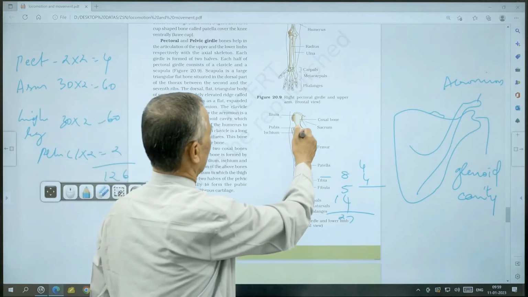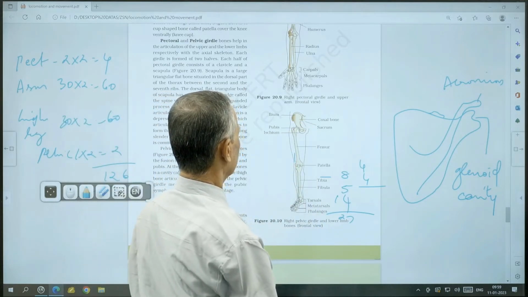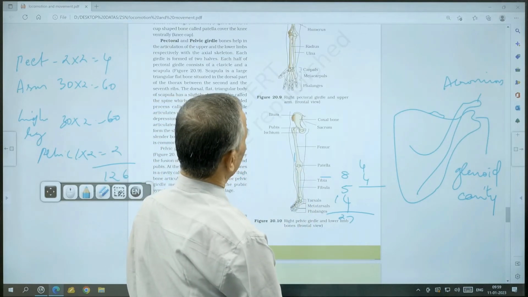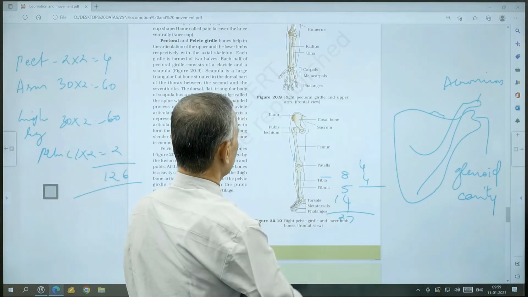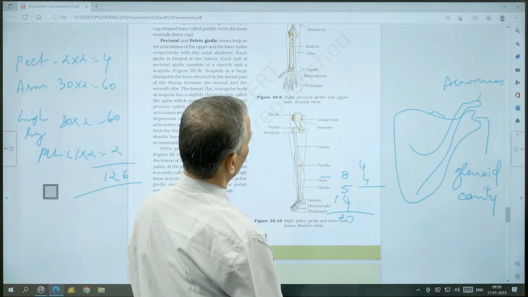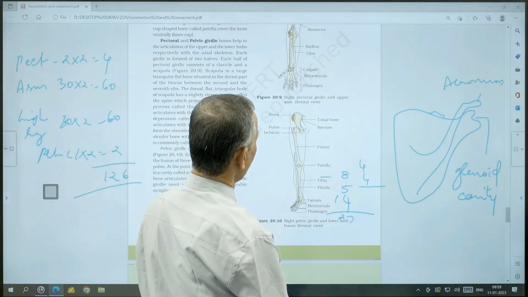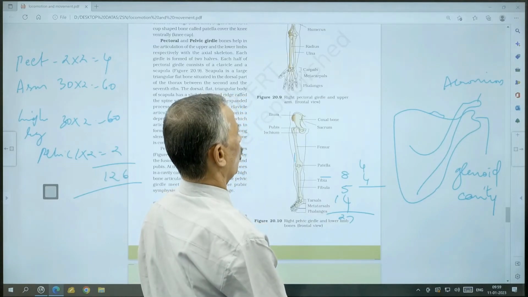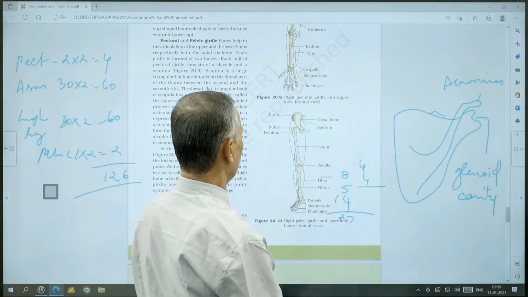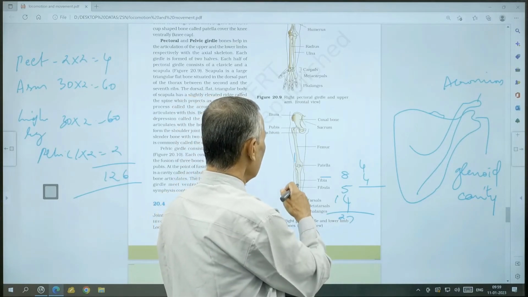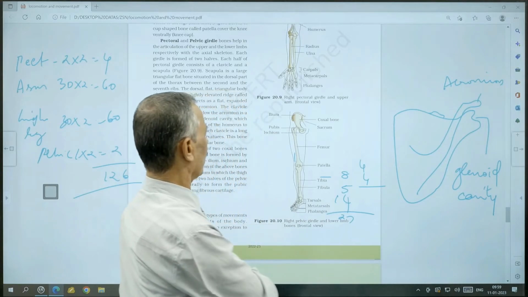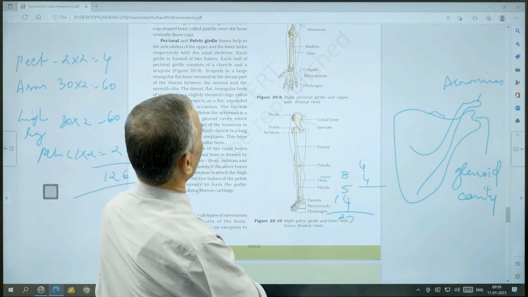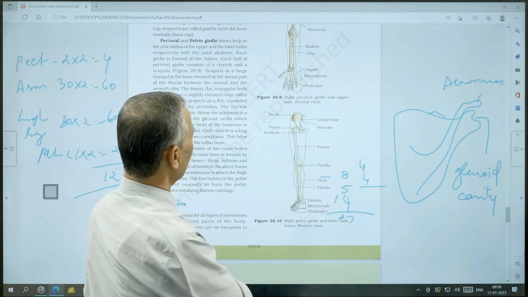Femur is connected to the pelvic girdle, and the leg region has a pair of bones called tibia, which is the anterior bone, the strongest bone, which supports the entire weight of our body, and a small fibula behind it. So tibia and fibula are comparable to the radius and ulna.